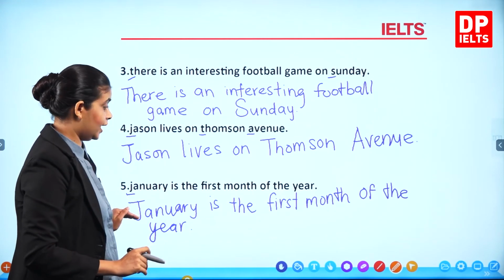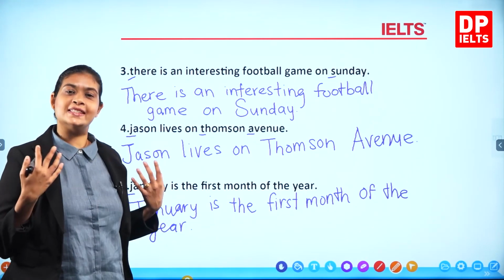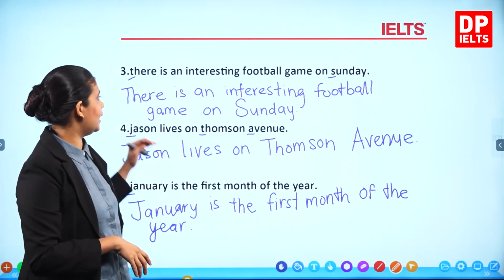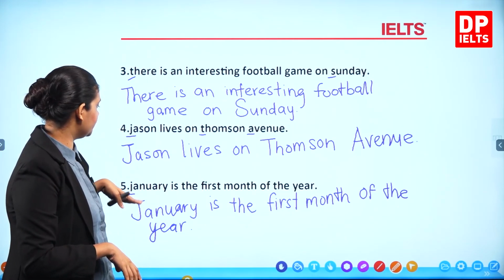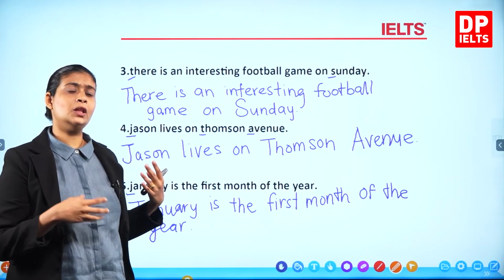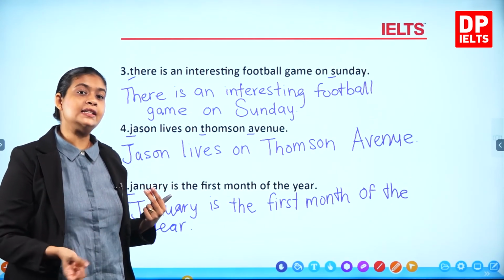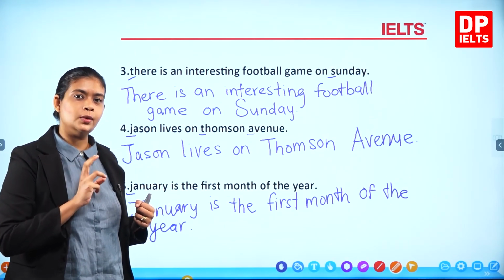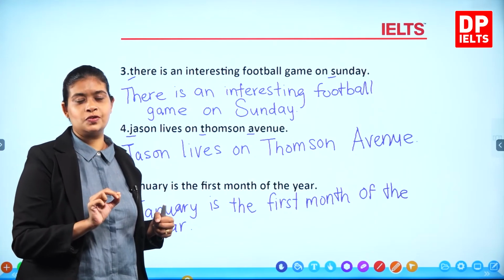Right? So J is capital because it is the name of the month, like a name or a place, right? We call those a type of a noun and we call those proper nouns.